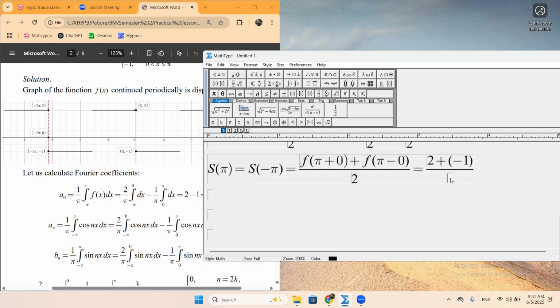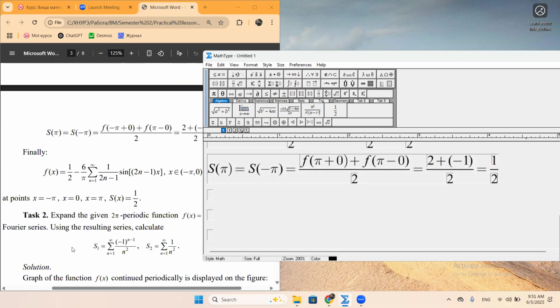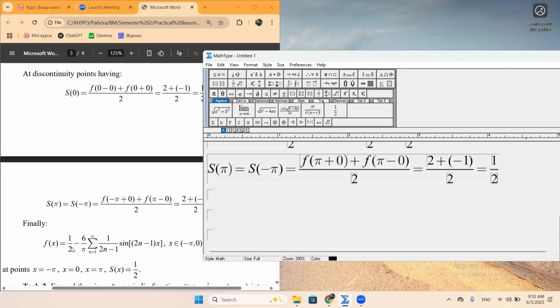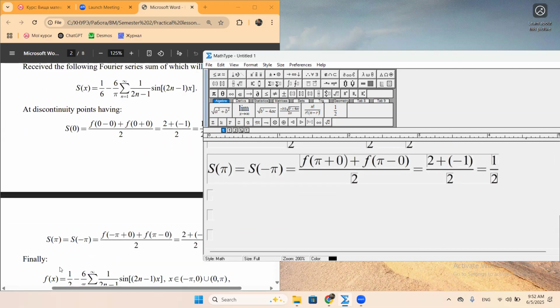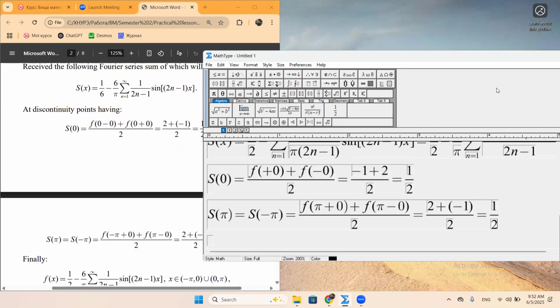So the answer is 1 over 2. And actually, this is the full solution. Let me check it. Yeah, so it matches all nodes. Any questions about this exercise?